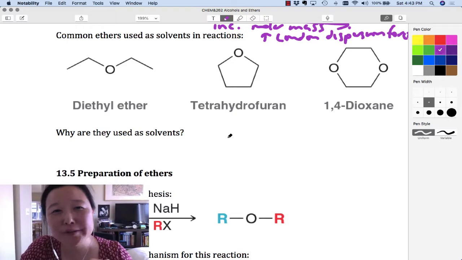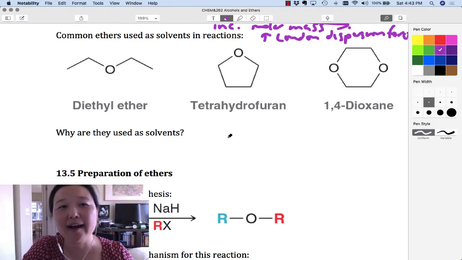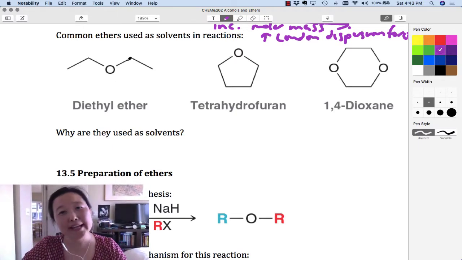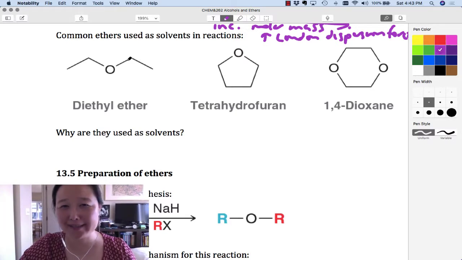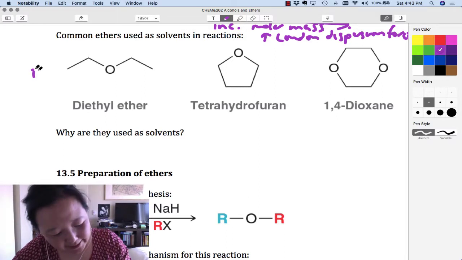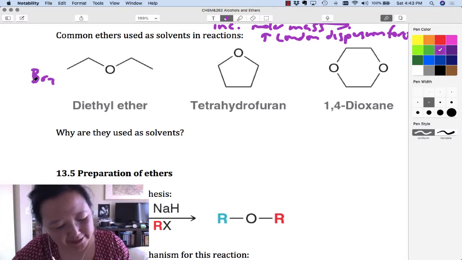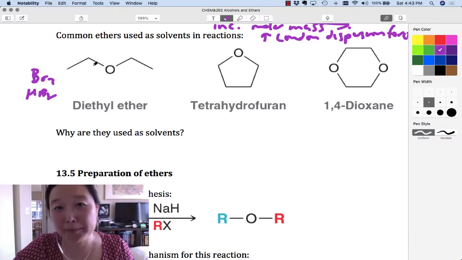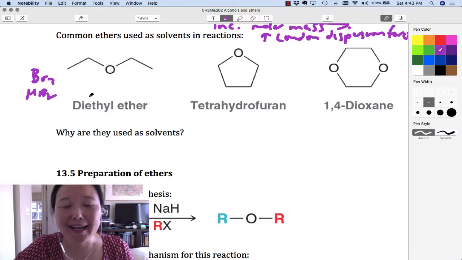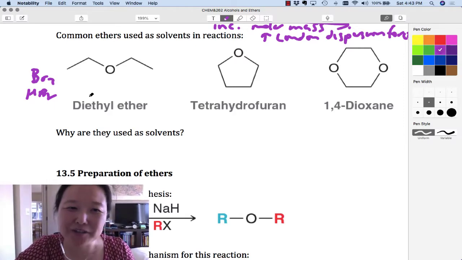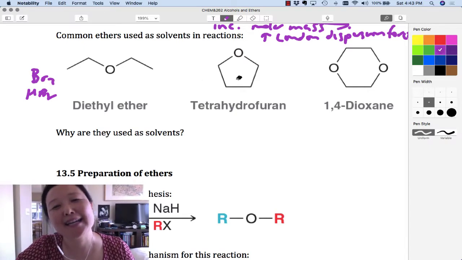Common ethers used as solvents are diethyl ether. I know you've used that in laboratory many a time as a solvent, or in reactions like bromination, or these kinds of reactions we've talked about are often done in polar aprotic solvents like diethyl ether or methylene chloride, chloroform, carbon tetrachloride, things like that.